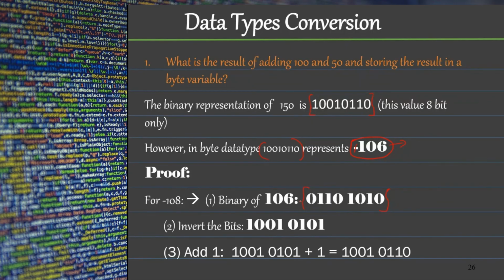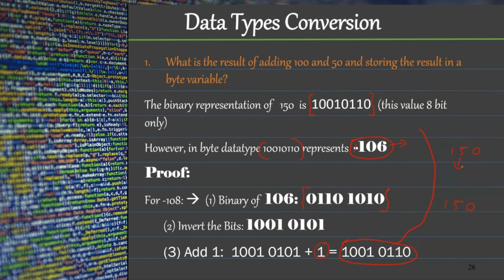Second step, invert all the bits: 0 becomes 1 and 1 becomes 0. Add 1. Find out the actual value. The actual value is 1 0 0 1 0 1 1 0. And if you see this as a positive number, it is representing 150.